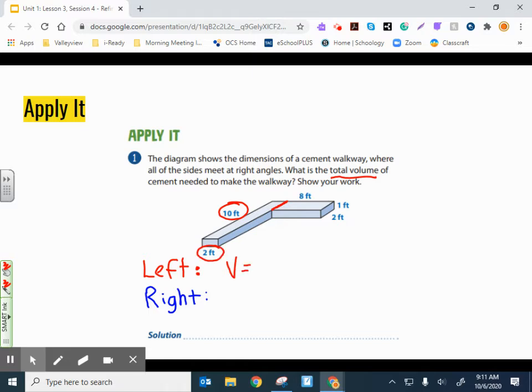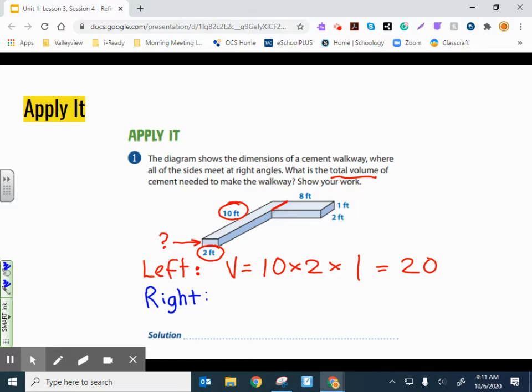So our volume for the left-hand side is 10 times 2 times this, which we don't know. But we do know it if we look at the other side of the shape. If you look right here, and I'll circle it in red, notice that this is all 1 foot tall, or a height of 1. So 10 times 2 is 20, times 1 equals 20. All right, so that's the left-hand side.